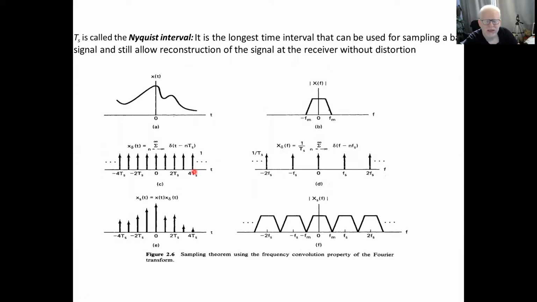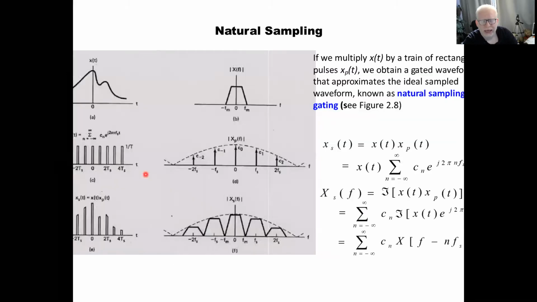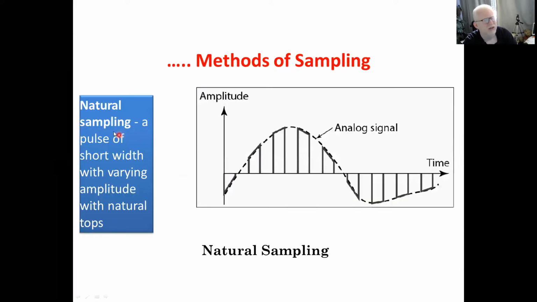So this is a hypothetical signal. It's not a practically generated signal. What we can practically generate is a train of impulses with a finite width. Let's call it tau, for example. This tau is small but not equal to 0. So now this is what we call natural sampling.